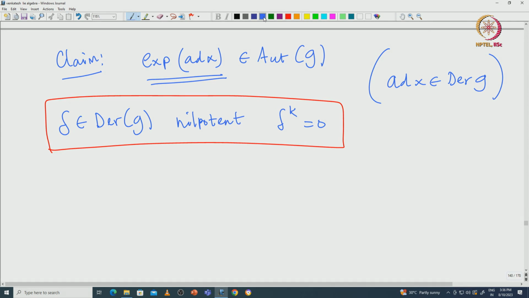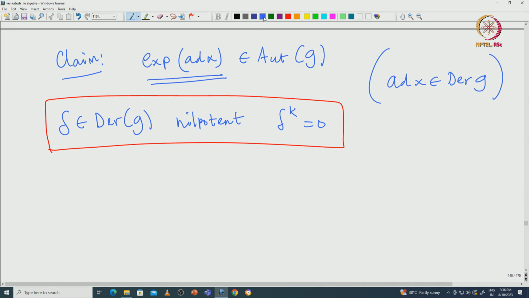Now, we use this data to actually create an automorphism. As before, we just take the exponential of delta and see whether it is the required automorphism or not. We have already verified, at least I left it as an exercise, the Leibniz rule for this delta.